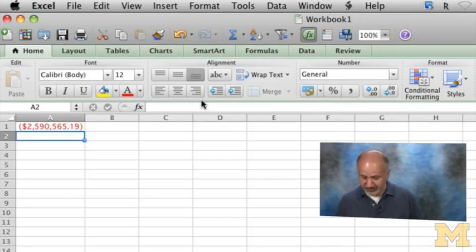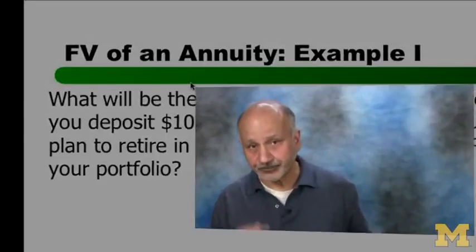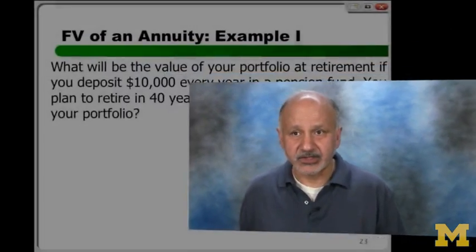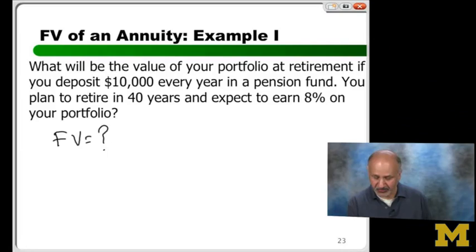So what I'm going to do, I'm going to try to talk you through the problem again. So just so that we are working together, what did I do? I calculated future value. So in order to calculate future value, which is something that I don't know, I have to use the future value function in the calculator or in the spreadsheet.